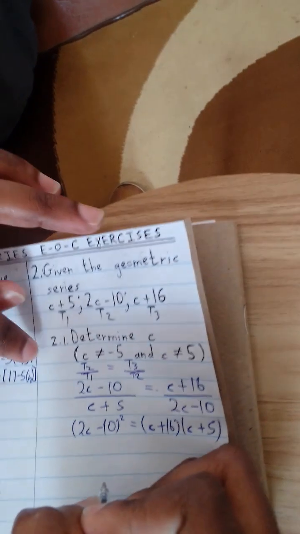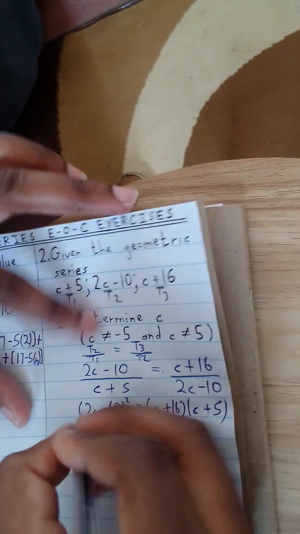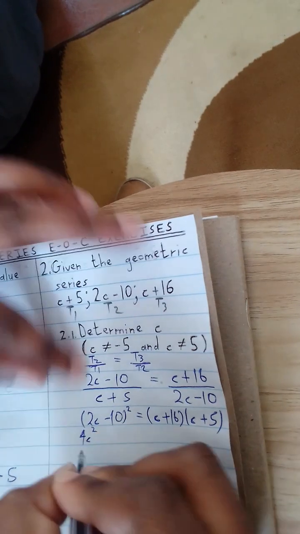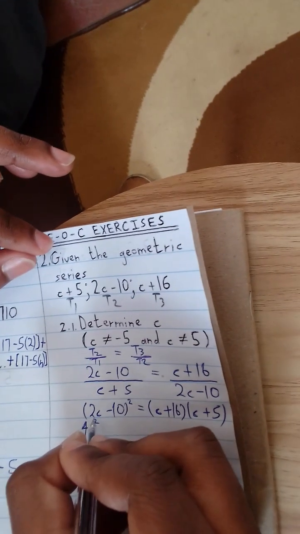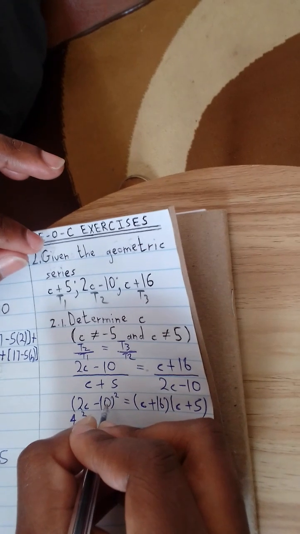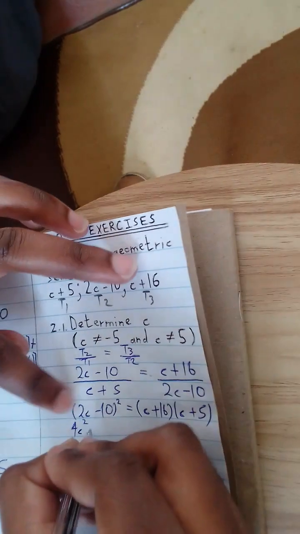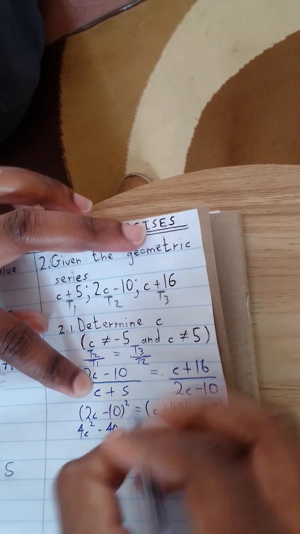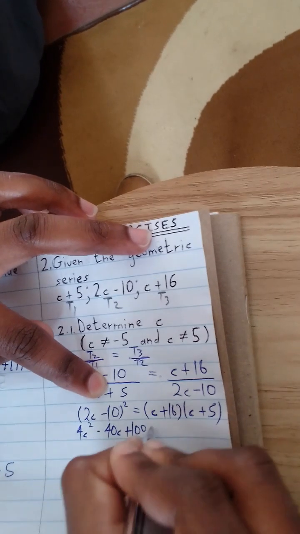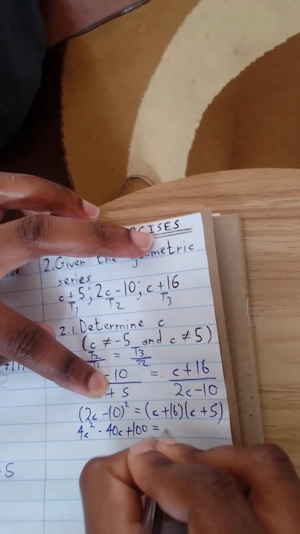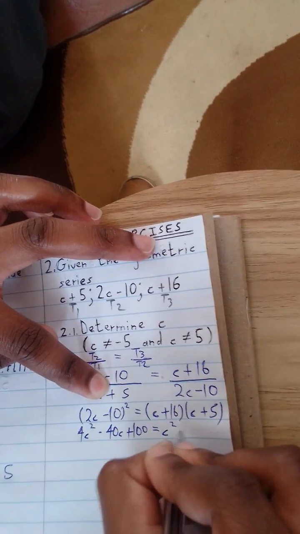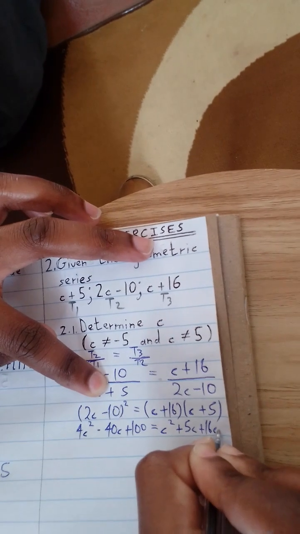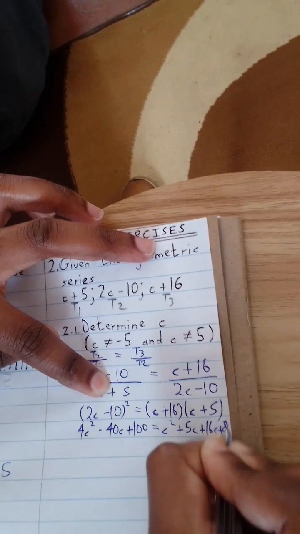This squared on the left is going to be 4c squared, their product times 2: 2c times negative 10 is negative 20c, times 2 is negative 40c. This squared is plus 100, equal to c squared plus 5c plus 16c plus 80.